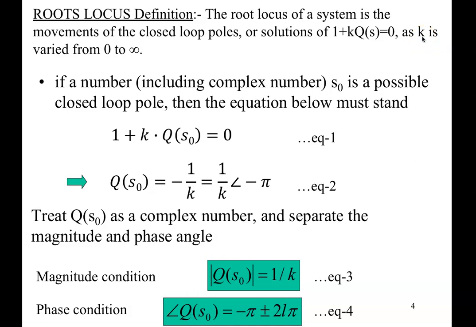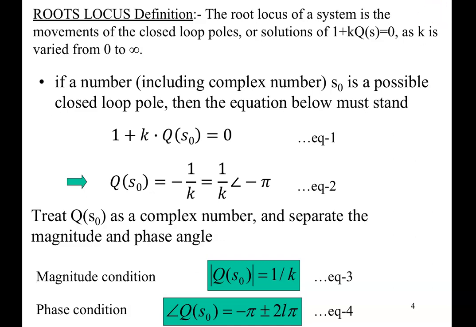Now look at that from a different angle. Suppose I know a number, a real number or a complex number. Suppose I want to know if a particular number, S0, is a possible closed loop pole.